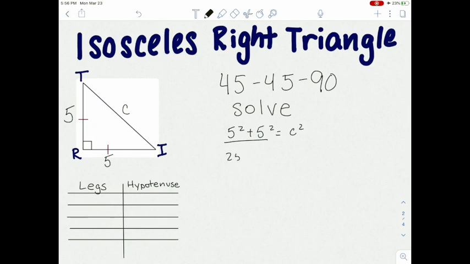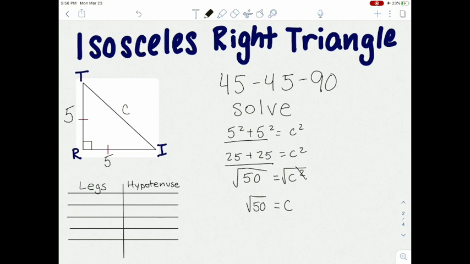This becomes 25 plus 25 equals C squared, which becomes 50 equals C squared. And then what do we have to do to both sides to get C on its own? Totally isolate C. We need to take the square root. So that now becomes the square root of 50 equals C.